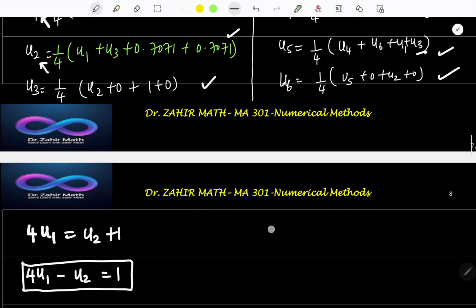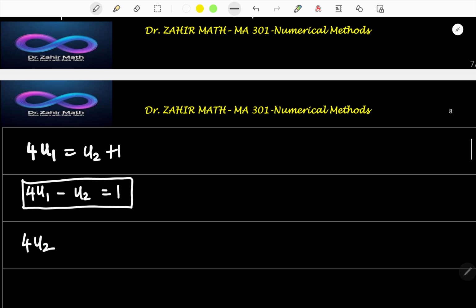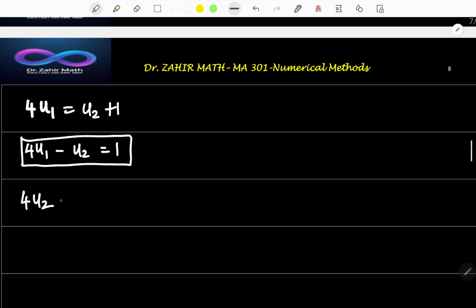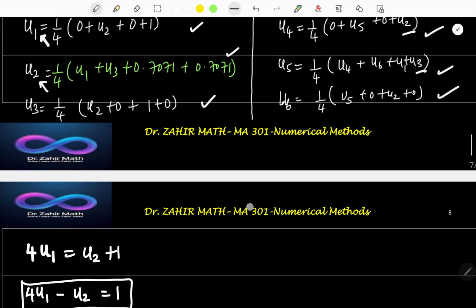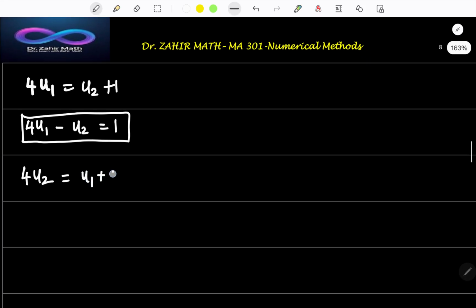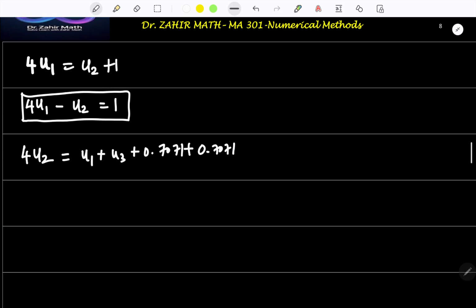I cross multiply this one, which is 4u2 is equal to u1 plus u3 plus 0.7071 plus 0.7071. So I write first, okay, minus u1 plus 4u2 and then minus u3 is equal to 0.7071 plus 0.7071, that is 2 times 0.7071.